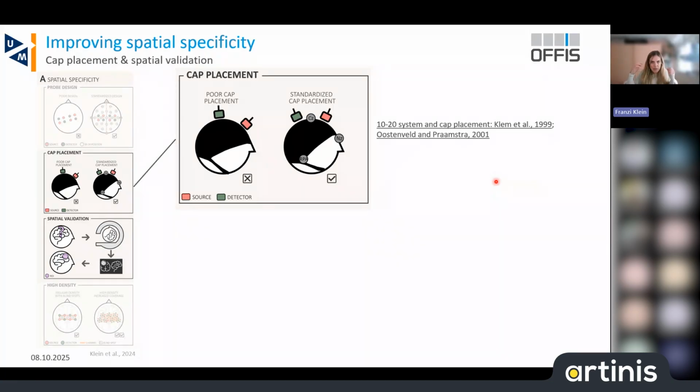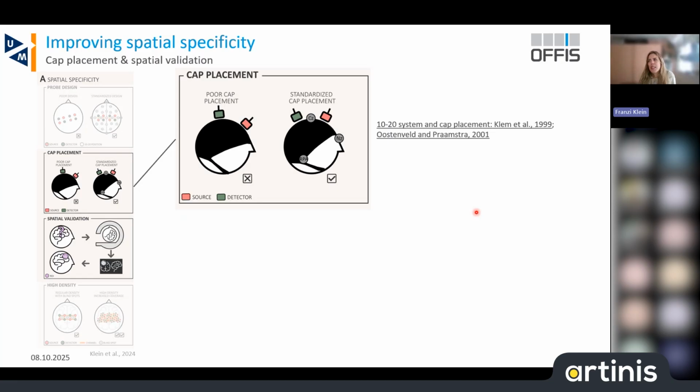Because you just put it on and just start. And it can happen that you have it closer to the eyes, so that your optodes move extensively to the front. You can have it way above on your hairline, and then the optodes go in the opposite direction. That's of course not a good thing.